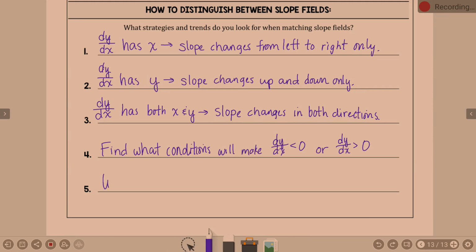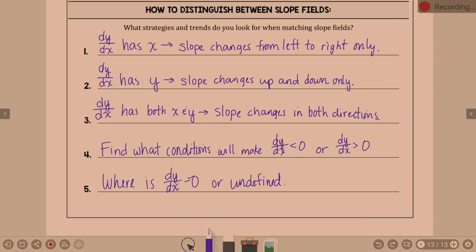Then I have written down where dy dx equals 0 or is undefined.